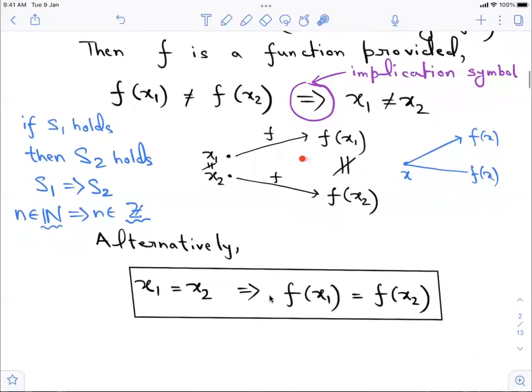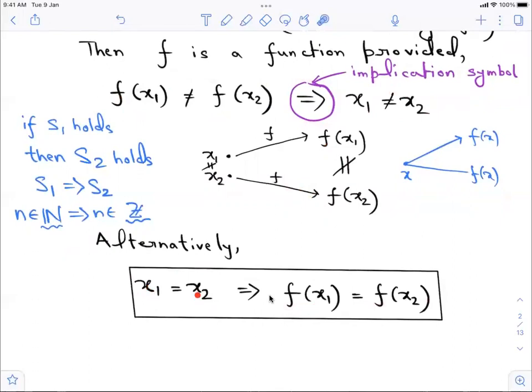And the same statement can be restated by saying that if x1 is equal to x2, then f(x1) must be equal to f(x2). Why is this statement the same as this particular statement? It's pretty easy to see.